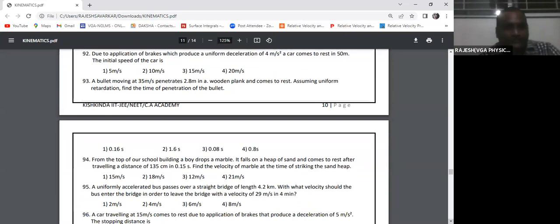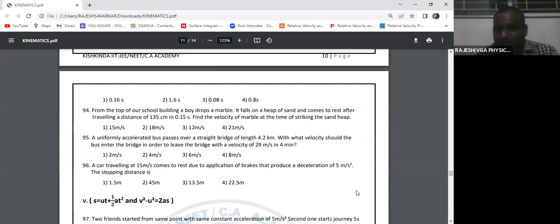From top of a school building, a boy drops a marble. It falls on a heap of sand and comes to rest after traveling a distance of 135 centimeters in 0.15 seconds. Find the velocity of marble at the time of striking the heap.